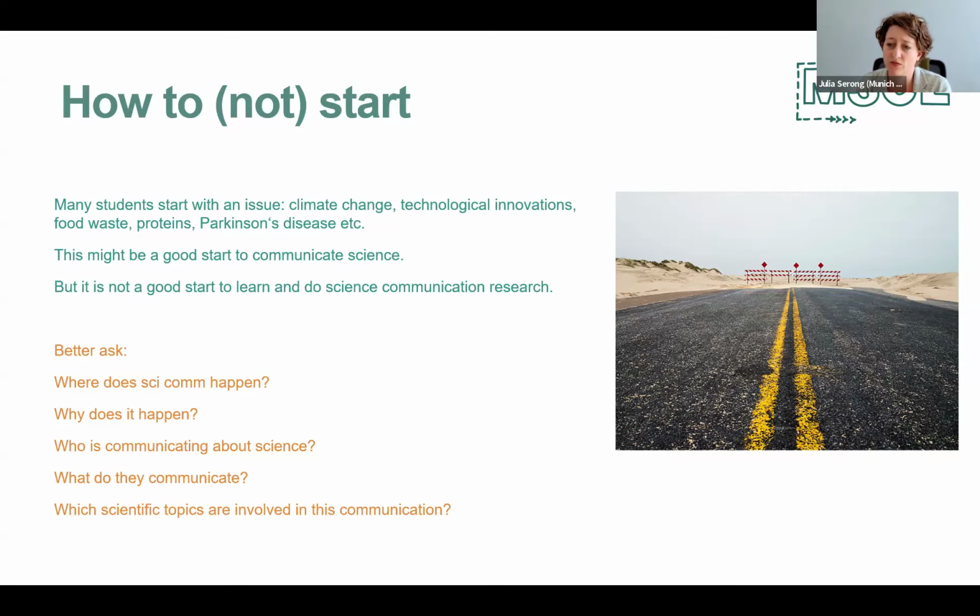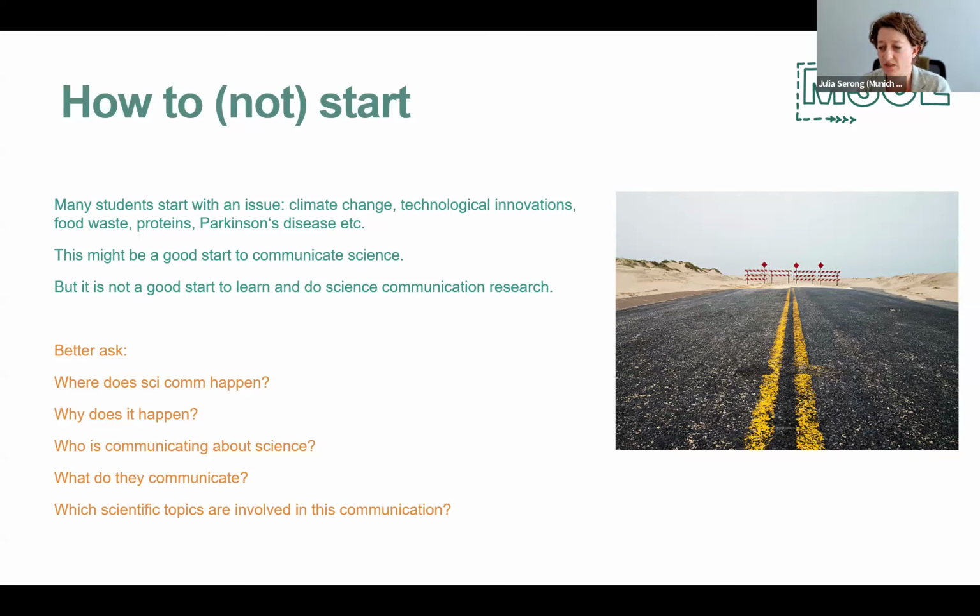So I would recommend those who teach science communication research to help the students a bit by changing the process and starting by asking, where does this science communication I'm interested in actually happen, in what kind of field? And also, very much at the beginning, ask myself, why does it happen there?